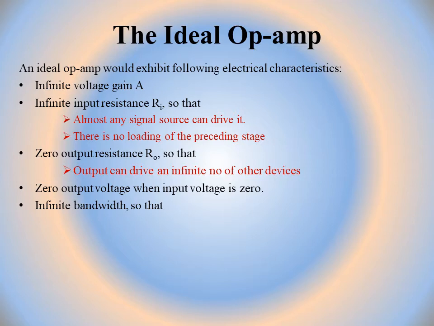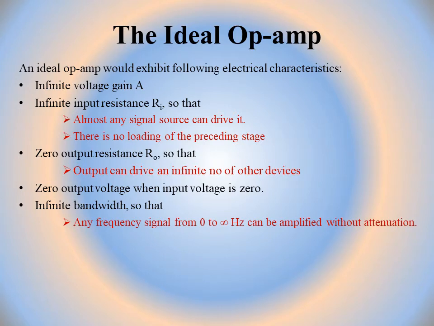So an ideal op-amp should have infinite bandwidth so that its gain remains constant at all times, and any frequency signal from 0 to infinity hertz can be amplified without attenuation and without any distortion.